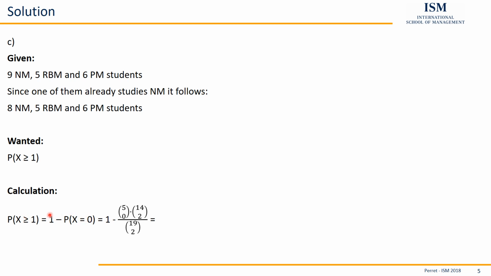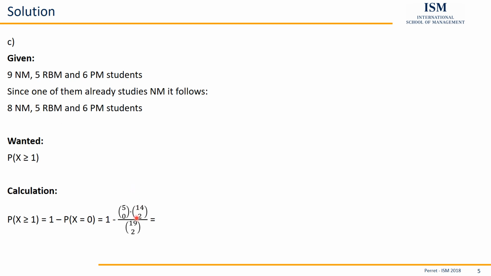So in this case, with the counter probability, again, I only have to calculate one probability. So I have 1 minus, and then that's the large K, that's the 5 here, over small k, that's the 0, times large N minus large K. We have to recall large N was only 19. So 19 minus 5 is the 14.